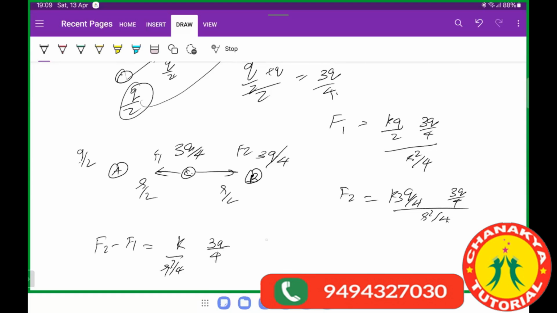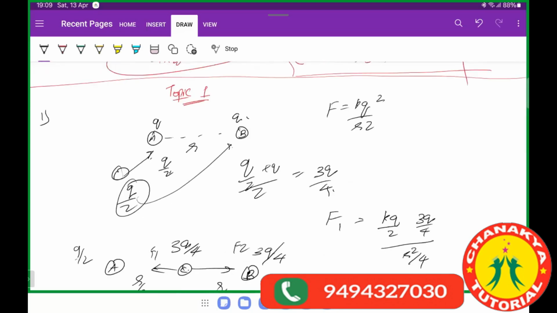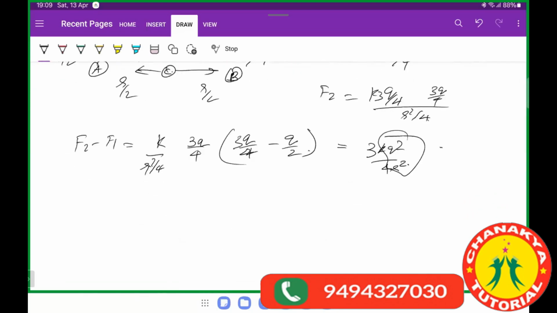So we are left with q by 2, 3q by 4 minus q by 2. So we'll get 3kq square by 4r square. So this is your force formula. We'll get here 3 by 4 F.